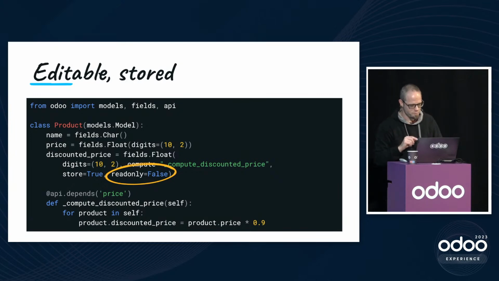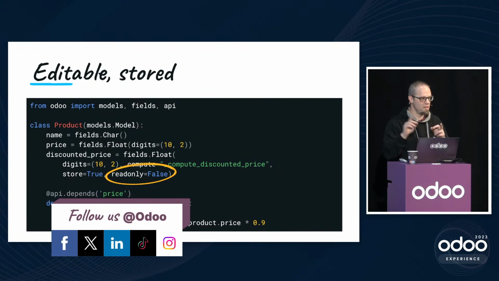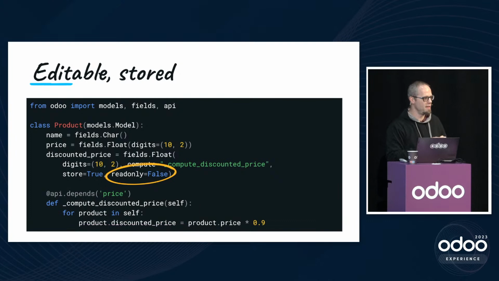That's the idea. Or there's another form where you say it's computed, but you can write any value on it. This is useful: if you create a record in that model and provide an explicit value for discounted price, then we put that value in the database. In case you don't put a value, the framework will use the value of the other fields to compute that field, such that you have a value in the database.